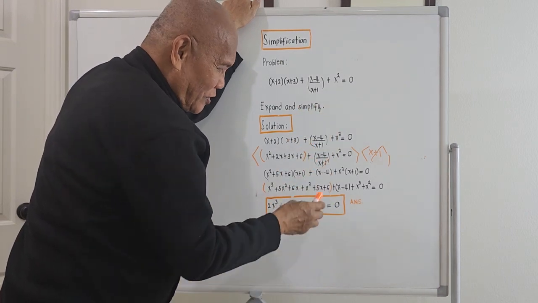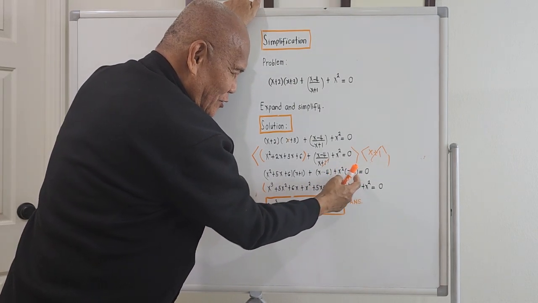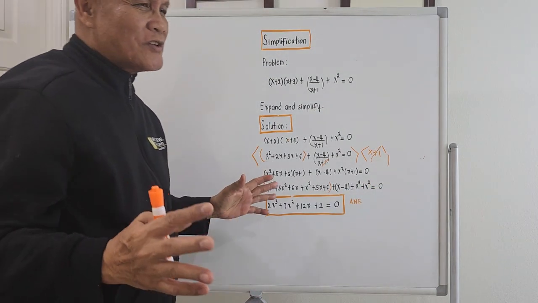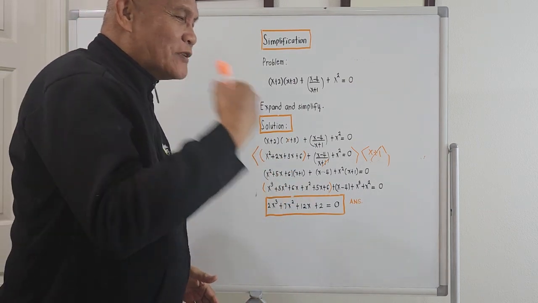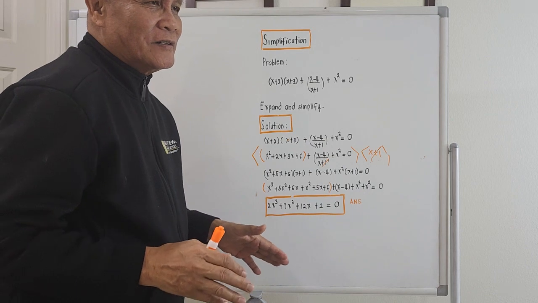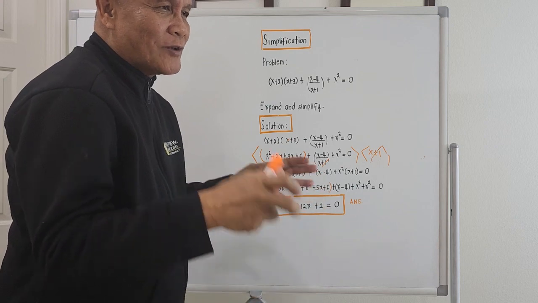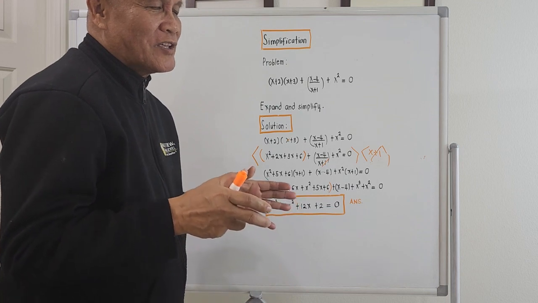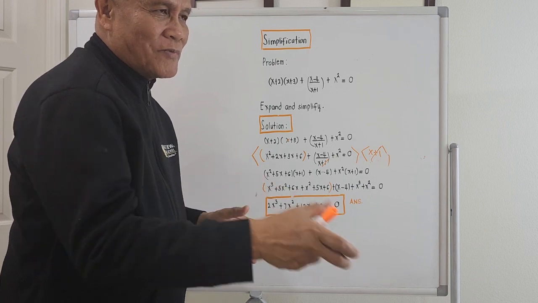So x squared times x will be x cubed, and x squared times 1 will be x squared, and this should be equal to 0. While we are simplifying, we are following a concept which is already embedded in our mind. The number one thing here is the concept, the fundamental operations. That's why I told you, those who are failing mathematics don't fully grasp the so-called concepts on how to simplify.